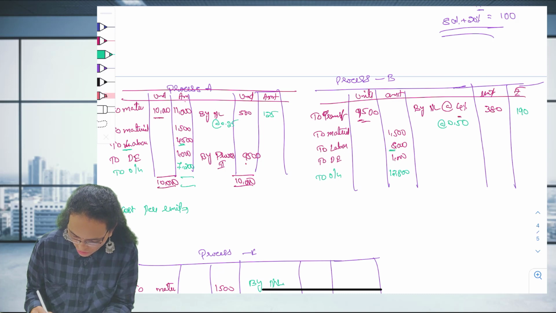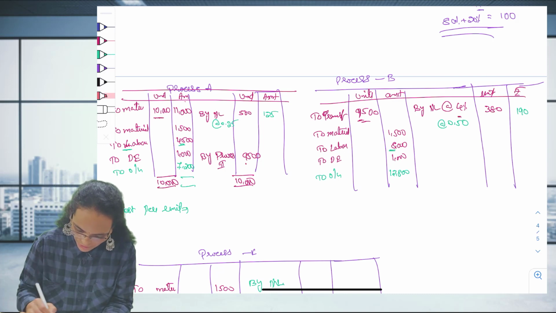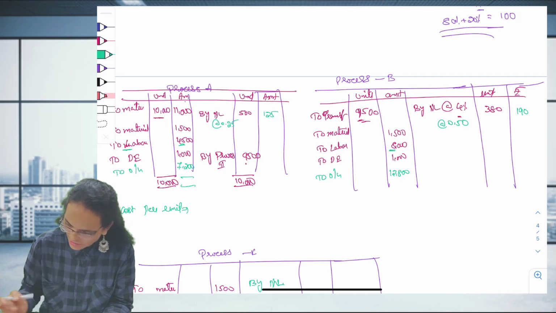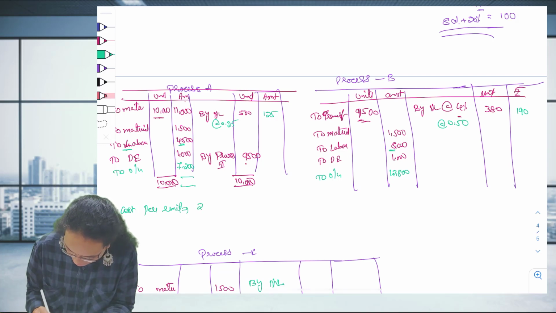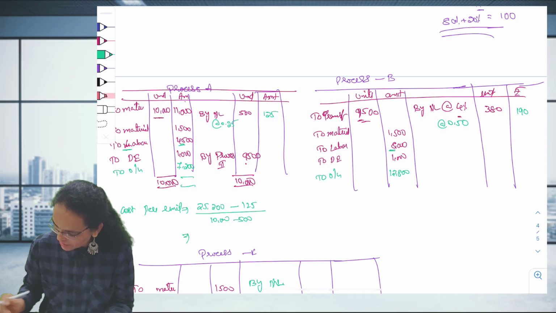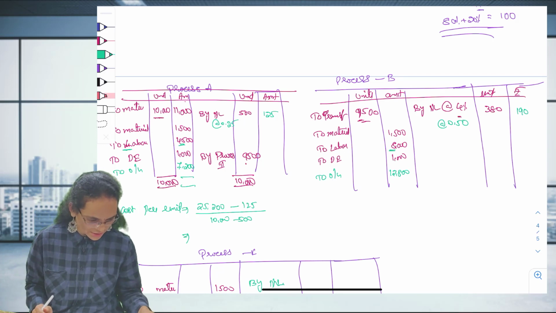is total cost 11,000 plus 1,500 plus 4,500 plus 1,000 plus 7,200, that is 25,200 minus 125 divided by 10,000 minus 500, that is 2.63.